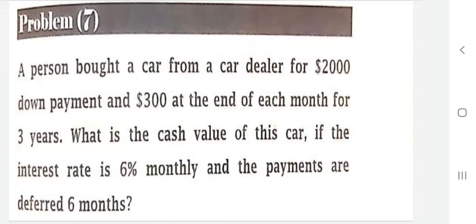He said that he will pay $300 at the end of each month, so it is ordinary, for 3 years. So the number of annuities will be equal to 3 times 12 equals 36. J equals 6%, M equals 12, and I will be equal to 6% over 12.